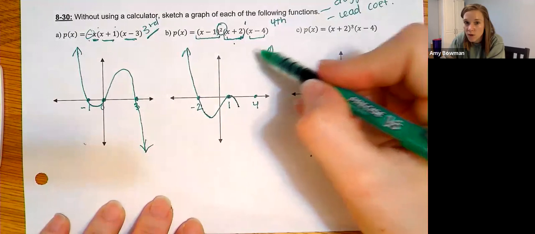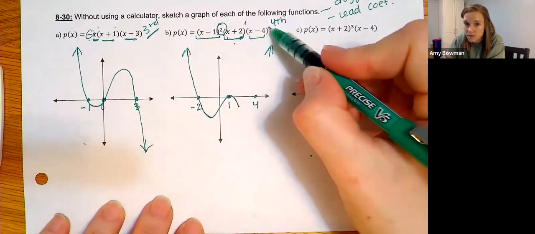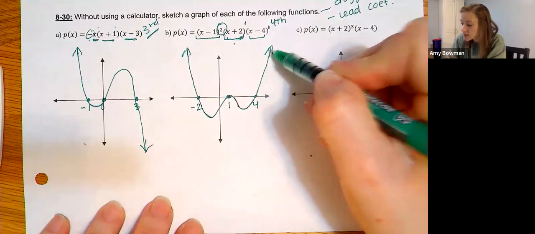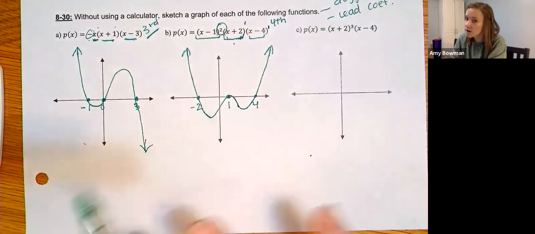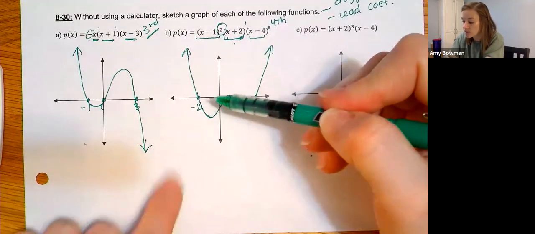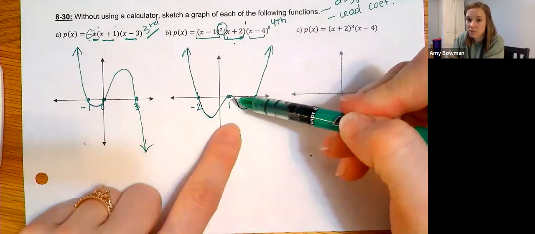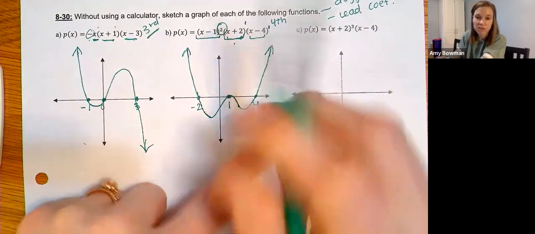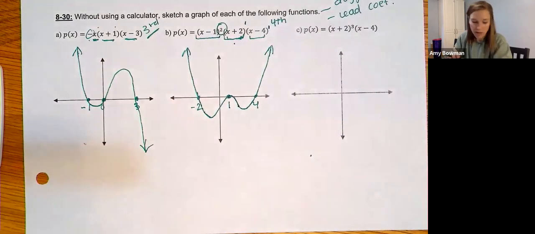And then 4, that's also 1st degree, so it's going to cut right through that. So that's how we can tell the behavior without grabbing our calculators at all. We can be sure it's going to cross through the x-axis at -2, bounce off at 1, and cross back through at 4.